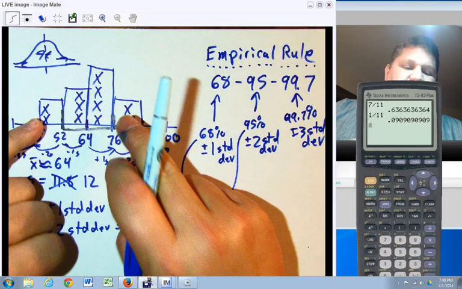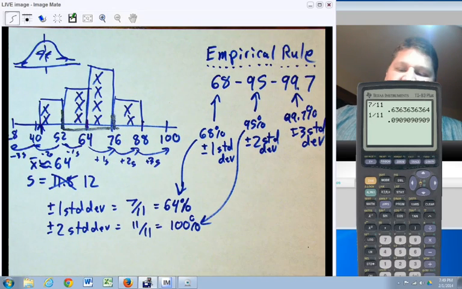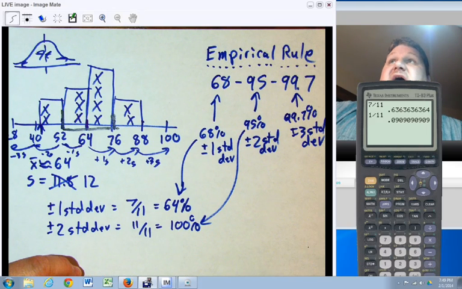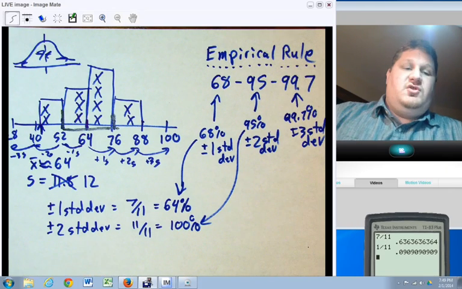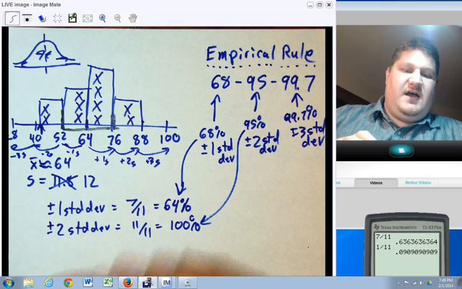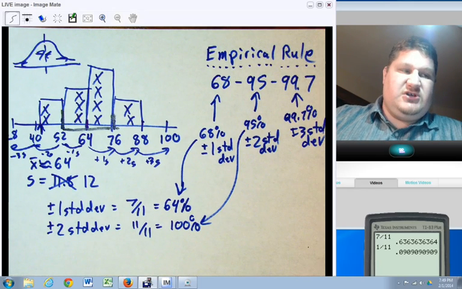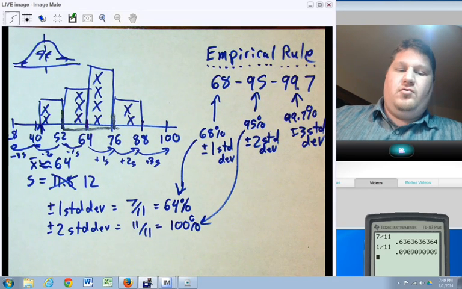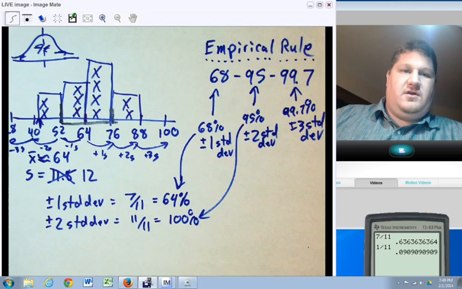So this one is not as descriptive, but that's because we're only using 11 pieces of data. At only 11 pieces of data, there's only so much fine work that we can expect to achieve. I'm going to do one more example of an empirical rule and creating this type of chart for you.